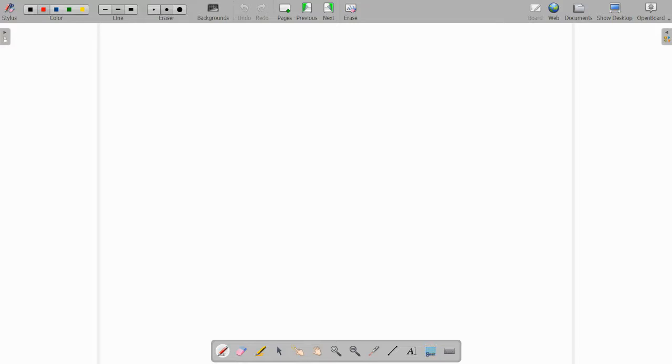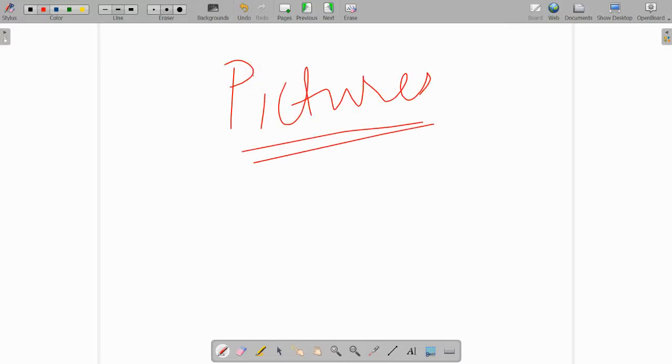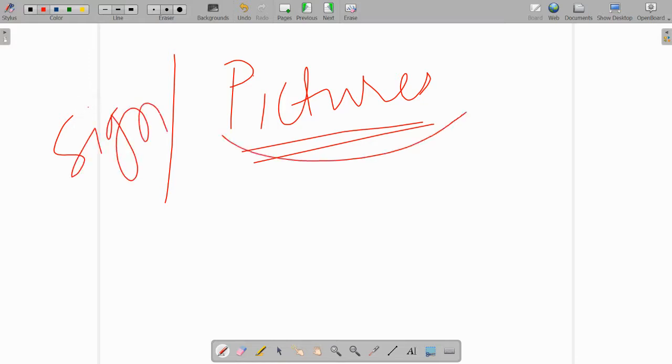They were communicating with each other either through sign language or by pictures. If you see the caves, these pictures were carved on the wall. That is how communication was done between two persons.